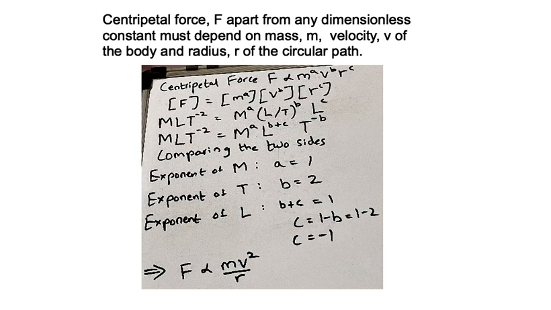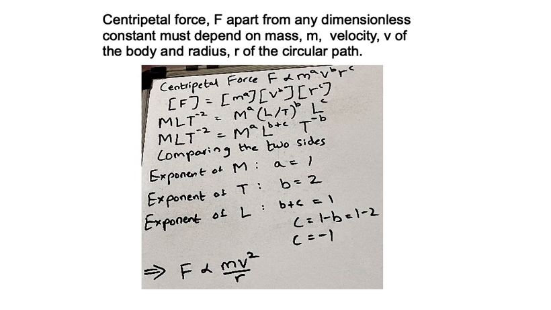Centripetal force F is proportional to some mass raised to the index a, some velocity raised to the index b, and some radius raised to the index c. This is the proportionality relationship that we are trying to find, and our aim here is to find out what a, b, c are, so that we can get a rough idea of how this force would vary if we change the mass, the velocity, or the radius of the circular path.